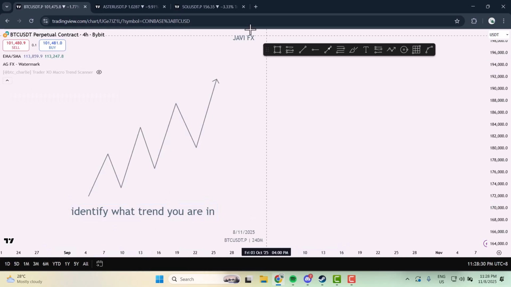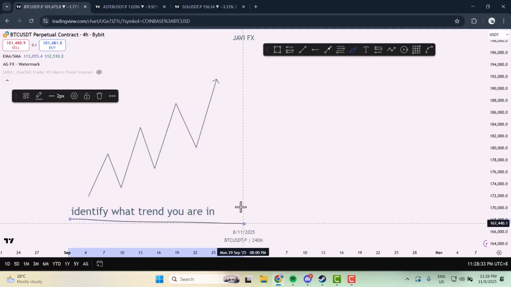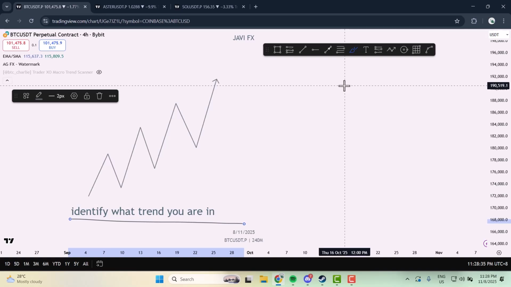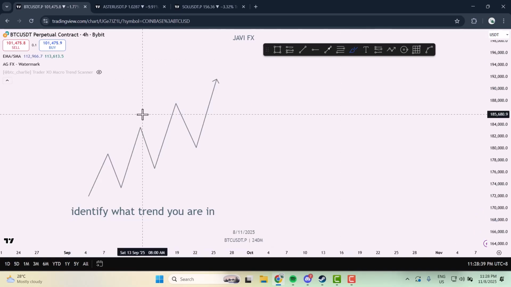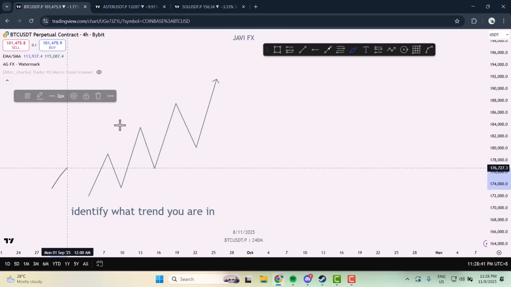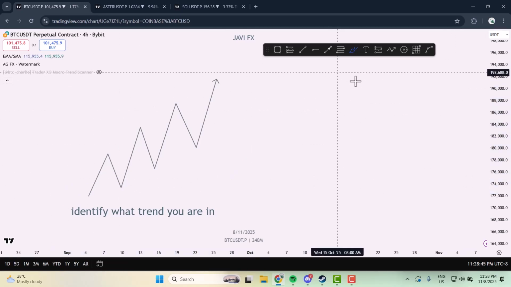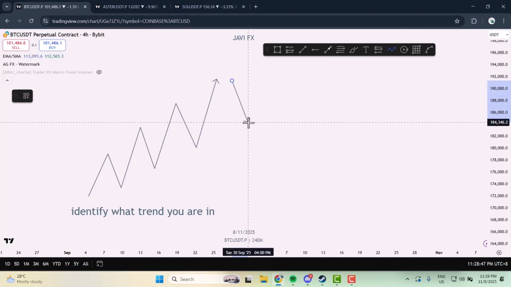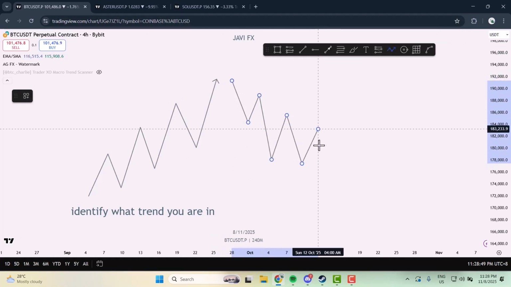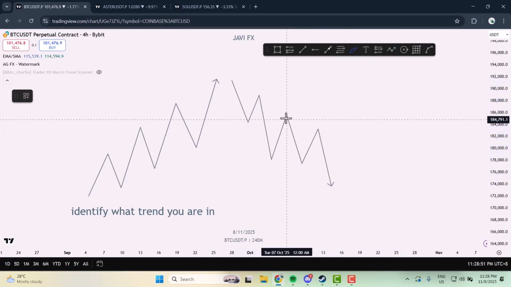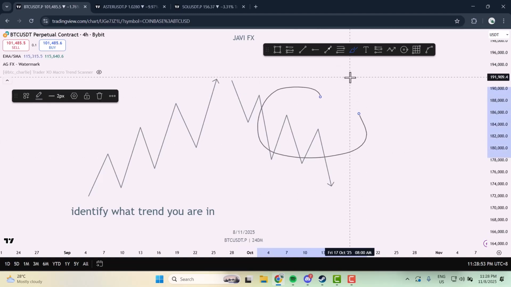I believe this is the most important thing when first setting up a trade, because if we are in a bull trend, therefore what we do, we long. And if we flip the switch, if we are in a bear trend, what we do, we short.